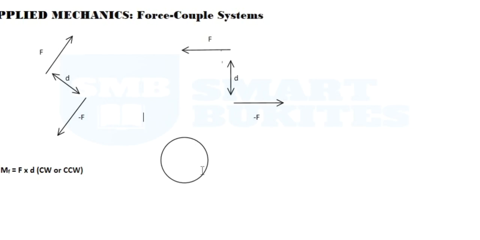Will it be in a clockwise direction, like the motion of a clock arm, or in the opposite direction, which is the counterclockwise direction?